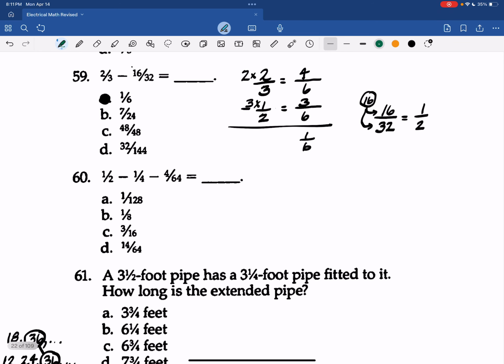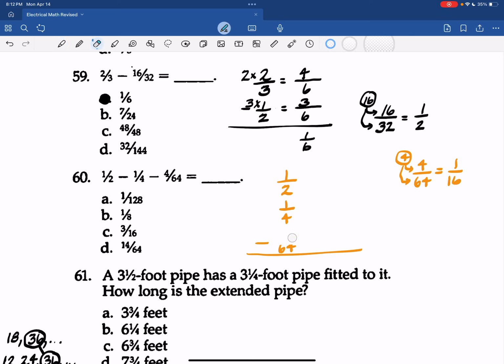All right, number 60. We need to take 1/2, subtract 1/4, and then subtract 4 64ths. So this is a lot of subtraction going on here. And I think I'm going to use that shortcut. Go ahead and take this to lowest terms to get 1 over 16. And then bring that one back in here. Substitute it back in.